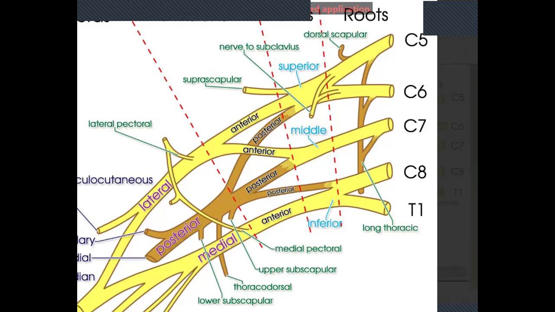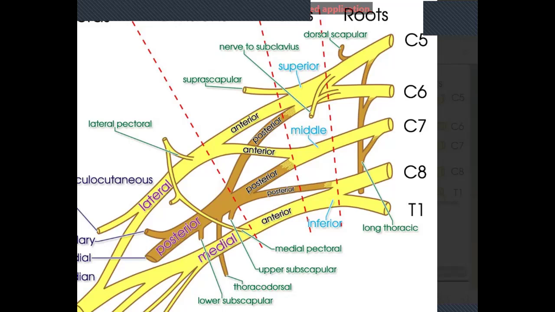Another chance is that because of axillary surgery, the thoracodorsal nerve, you can see the thoracodorsal nerve is here, a branch of the posterior cord. This thoracodorsal nerve, middle subscapular nerve, or the nerve to the latissimus dorsi, these are all names of the same nerve.